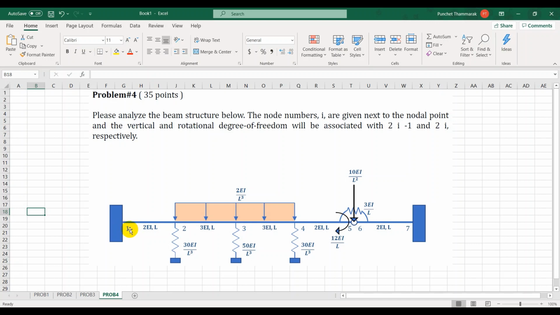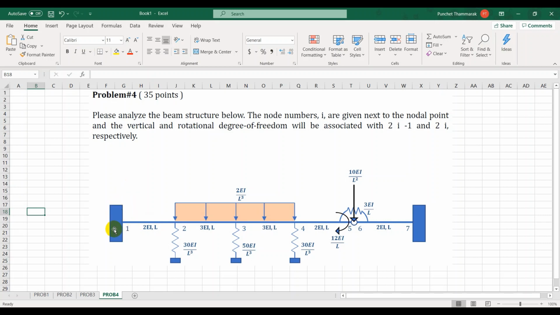So for example, this node is 2 multiplied by 1, and then minus 1, then you're going to get 1, which is the degree of freedom in the horizontal axis, and the vertical degree of freedom is 2i minus 1, so that will be number 1.